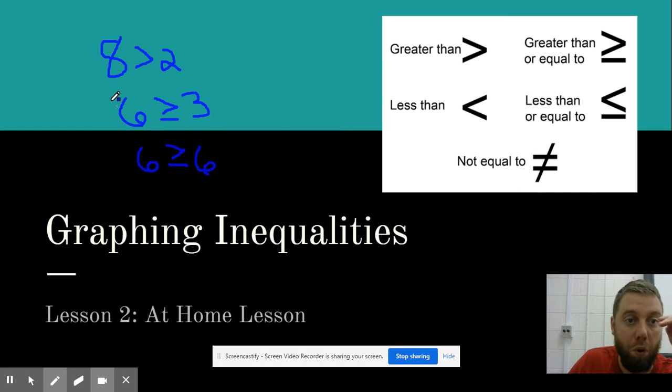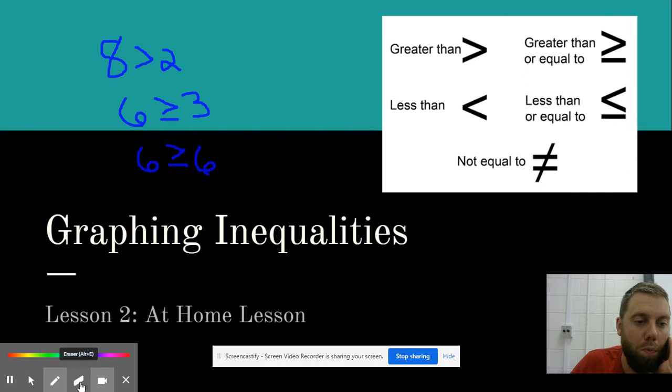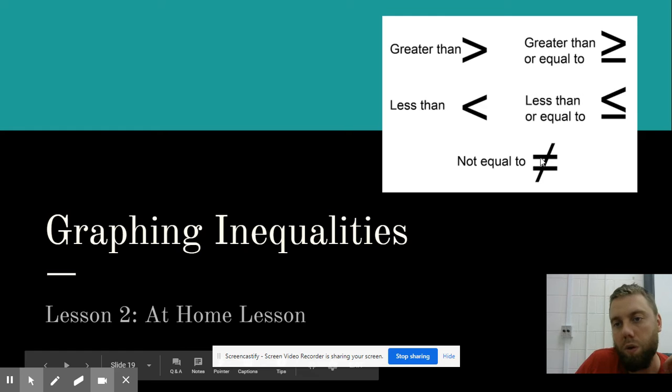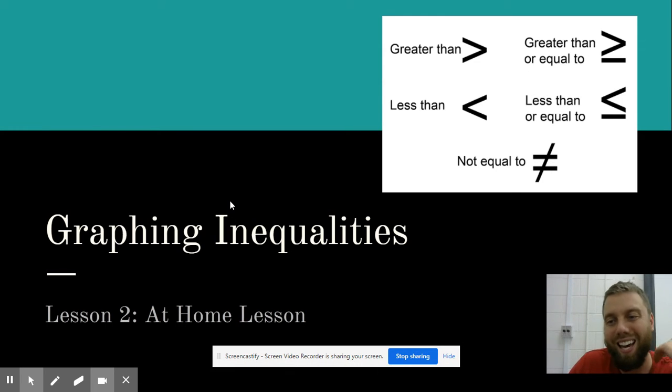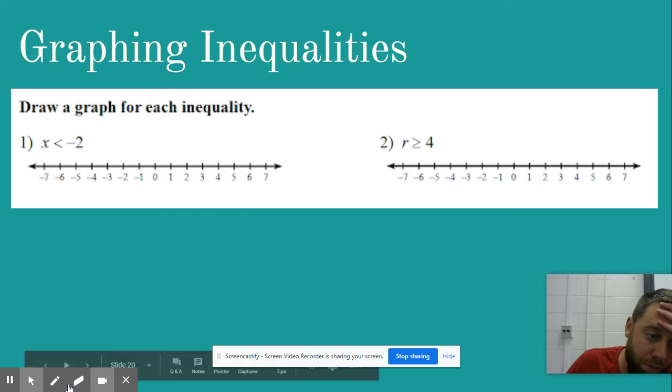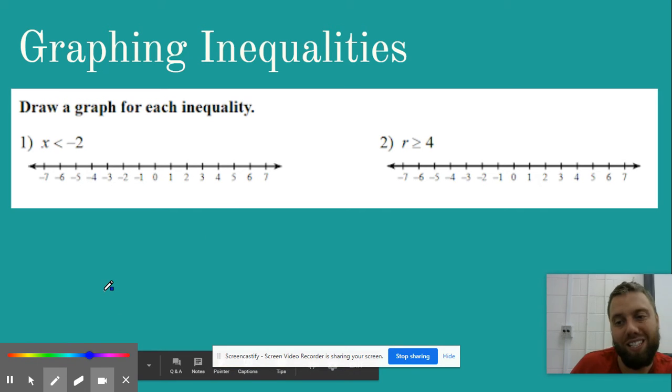So both of these are true. Okay, cool. Hoping we recognize this from previous years. Last one is just if we see a line through an equal sign, that is considered not equal. Okay, we don't know if one's bigger, one's smaller, but we know they're not equal. Okay, cool. Now we need to practice graphing these inequalities.